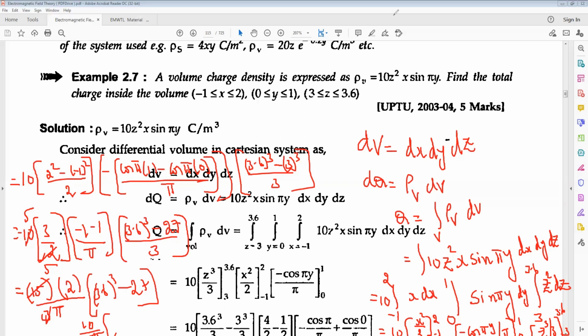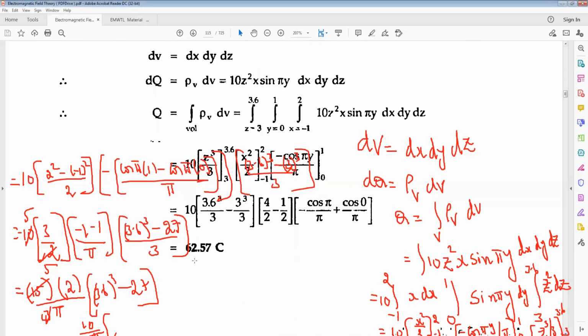You can find the value. Then you get the total value as 62.57. 62.57 value, my students. Got it?